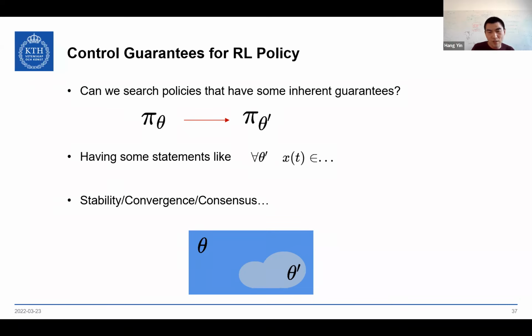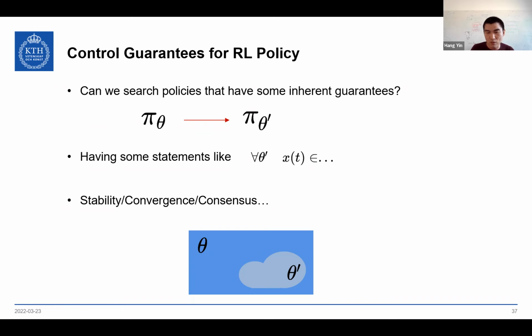By restricting your search in this policy space, yes, you somewhat limit the behavior you are trying to search, but on the other hand, you also have guarantees, a provable correctness about the behavior you end up with.